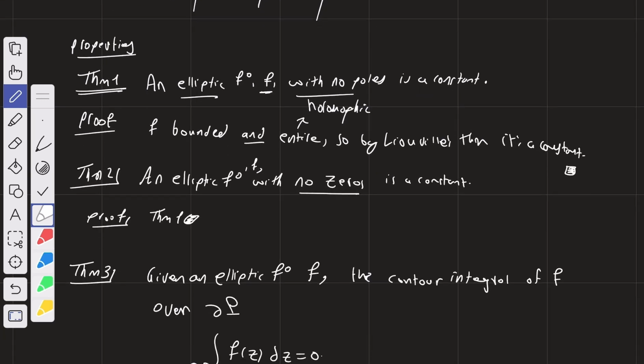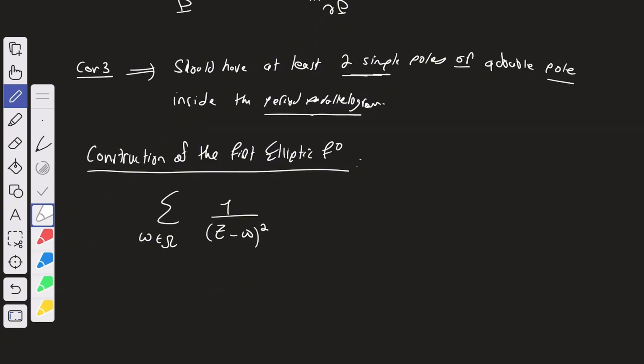So we're going to try to construct a function that has a pole inside every parallelogram. This is one way of doing that. We take a double pole at every period, and hence we're guaranteed that we have a function with poles in every parallelogram. However, this is problematic.